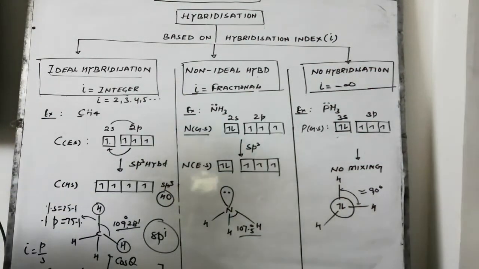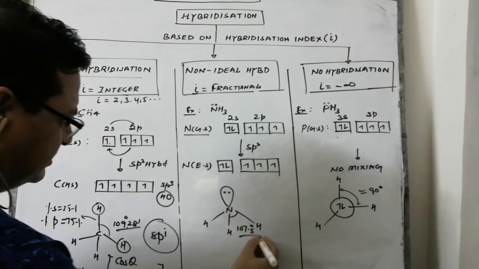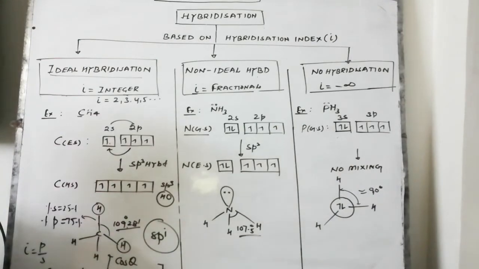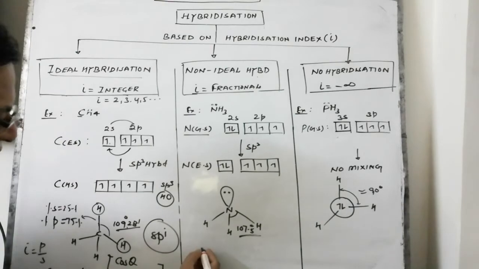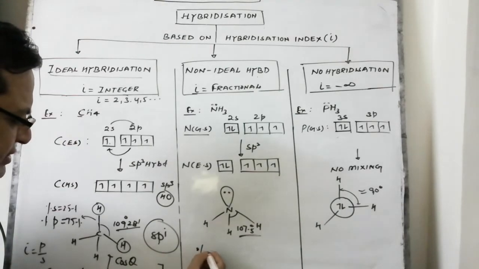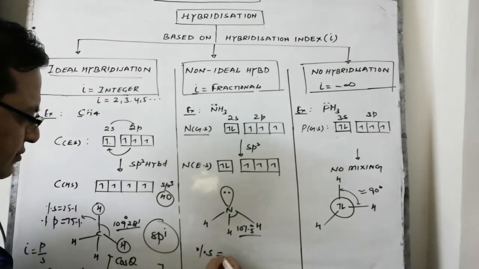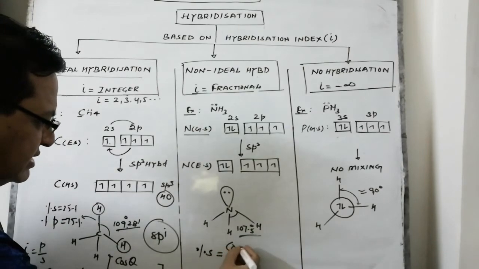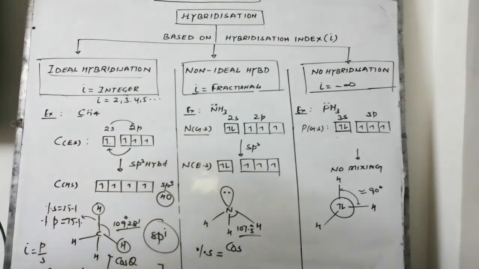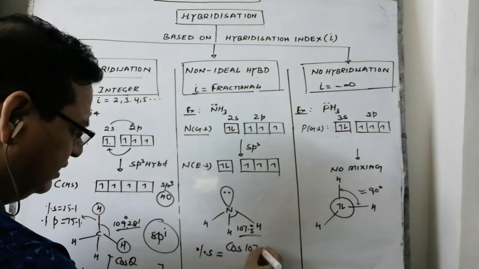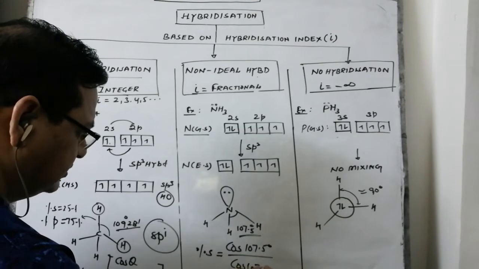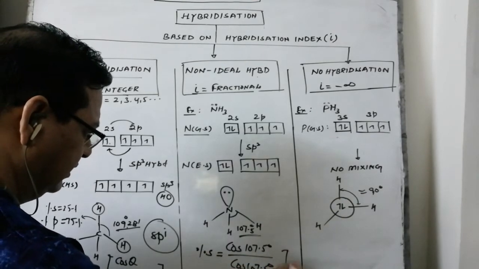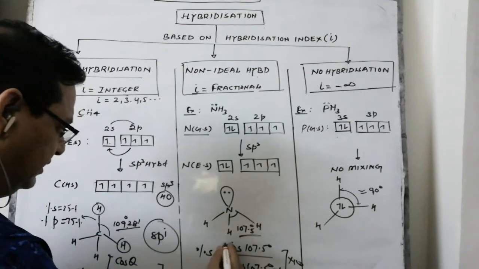just the bond angles. Here in this case, the bond angle is 107.5 degree. If I just apply this expression over here, percentage s is equal to, again you can implement the same expression, cos theta, cos 107.5 degree, divided by cos 107.5 degree minus 1, whole multiplied by 100.